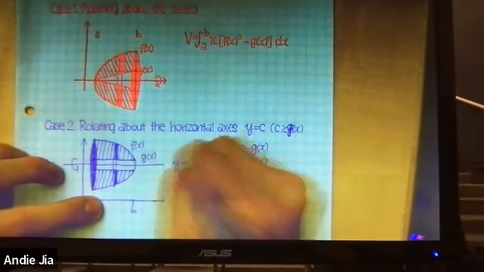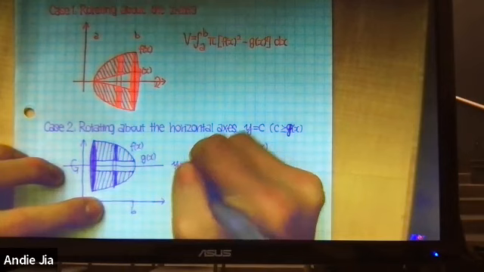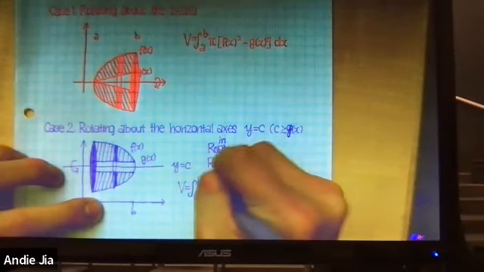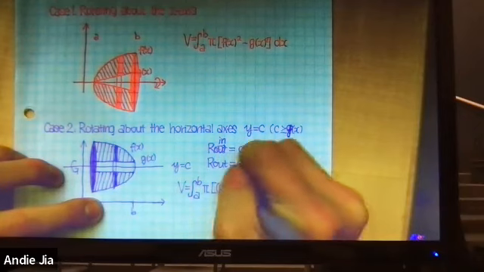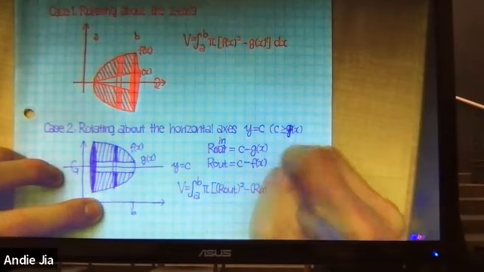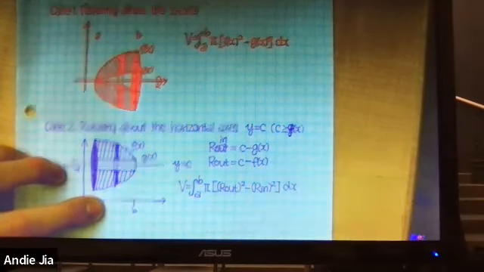The volume is the integral from a to b of pi times r out squared minus r in squared, dx. This is the volume.